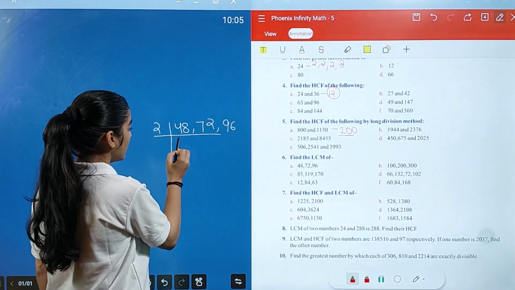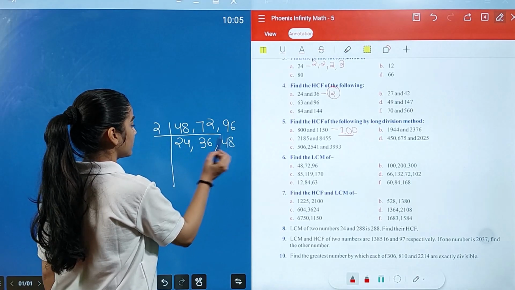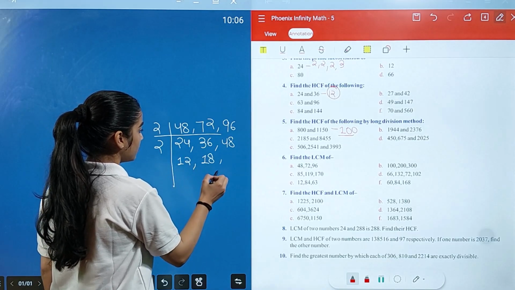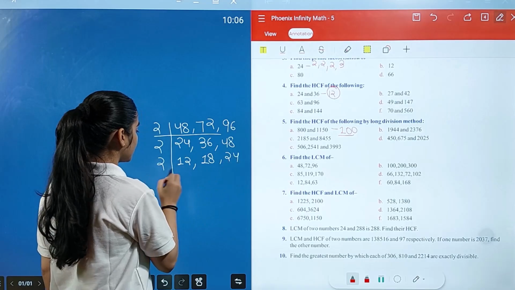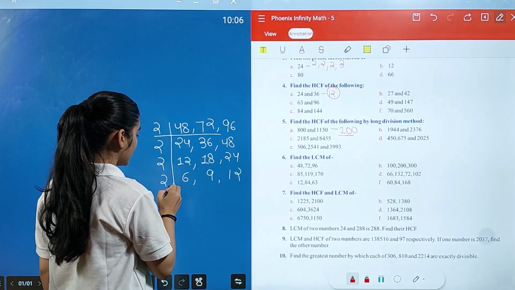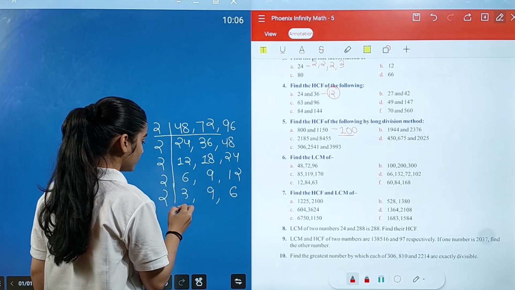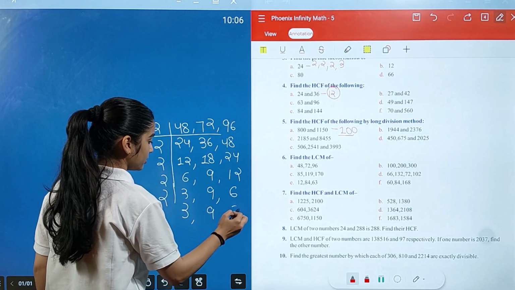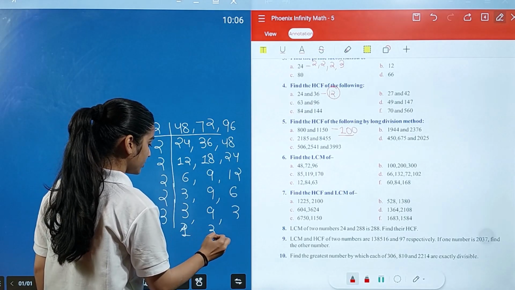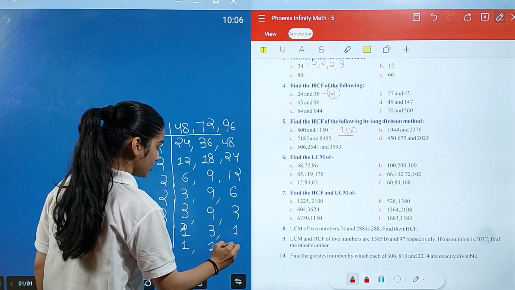So first we take 2: 24, 36, 48, again 2: 12, 18, 24, again 2: 6, 9, 12, again 2: 3, 9, 6, again 2: 3, 9, 3, then we take 3: 1, 3, 1, 3, 1, 1, 1.